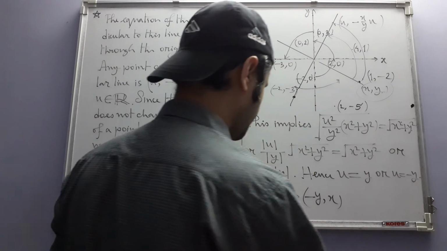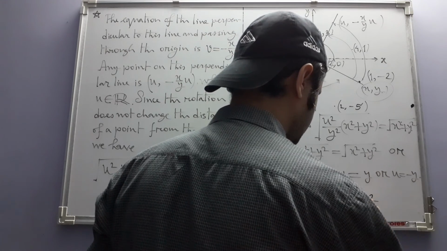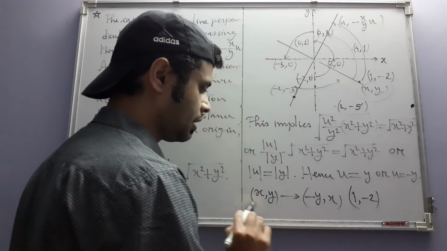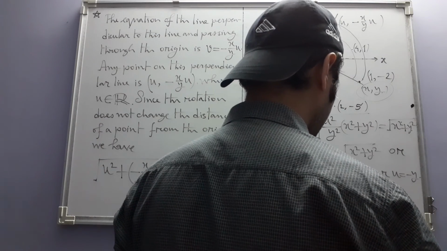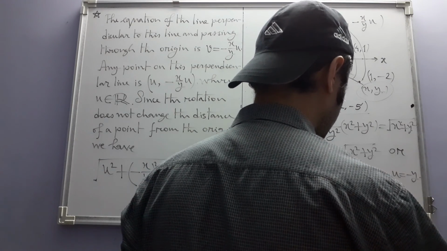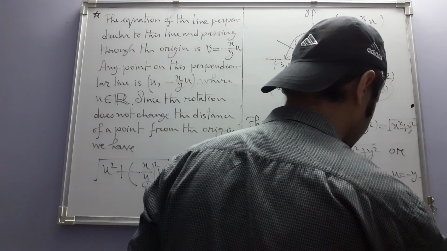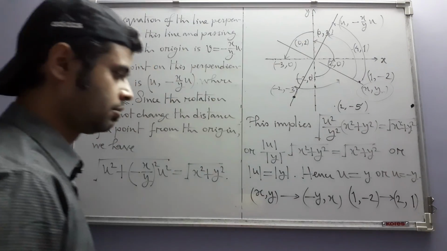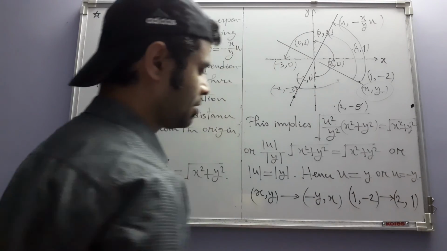So if our point is 1 comma minus 2, and this is what we are believing, then it will be minus of minus 2 and x. Yes, 2 comma minus 1.